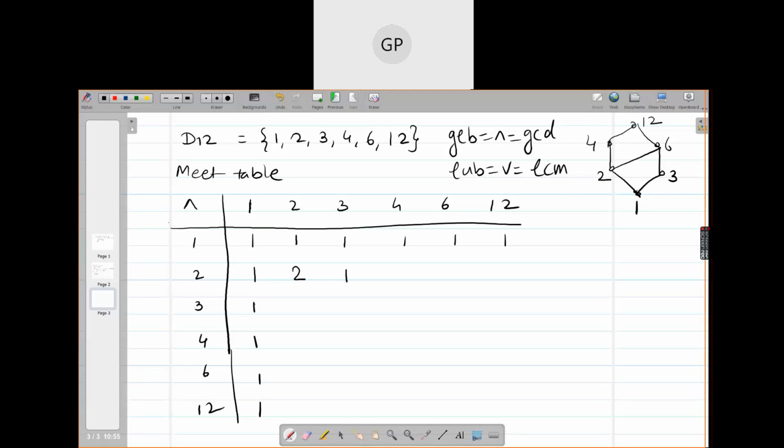2 meet 4. Look, what are the lower bounds of 2 and 4? We need the common ones for both. What are the lower bounds of 2 and 4?